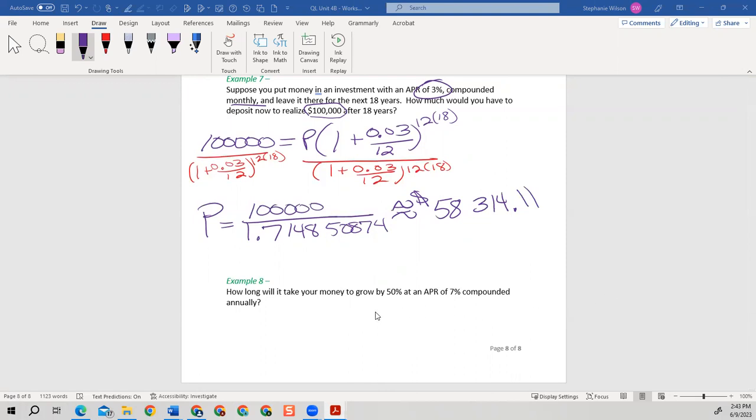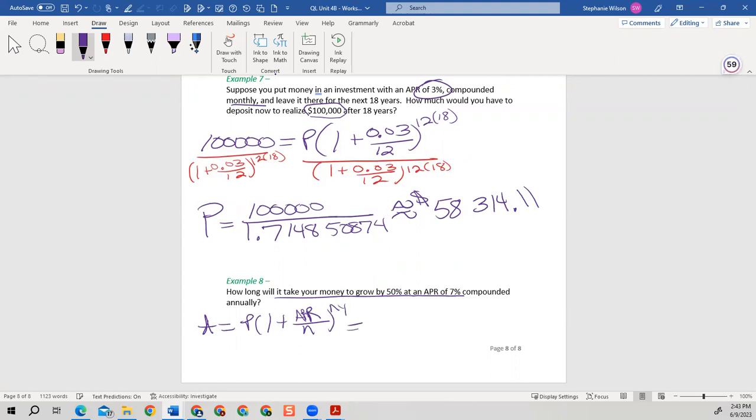So we can take that 50% and put it in decimal. Take our A equals P times 1 plus the APR divided by N, raised to N times Y.